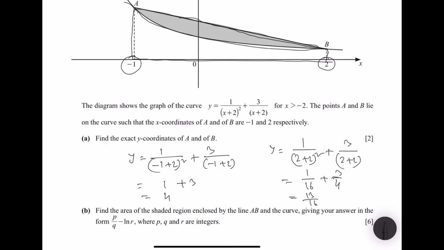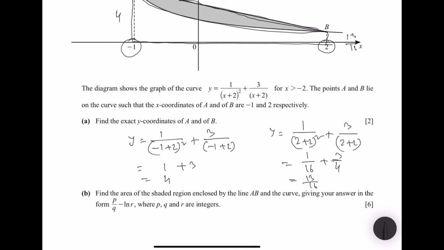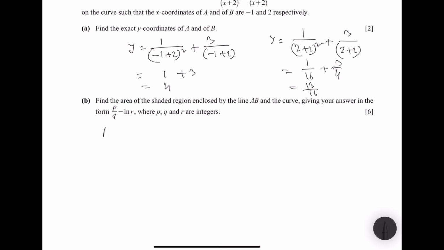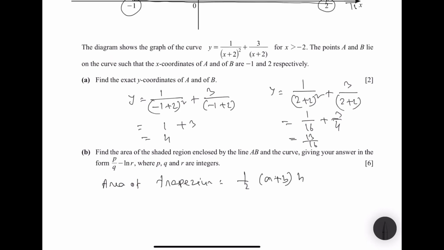First of all, this height is 4, this height is 13 by 16. We know that the area of a trapezium equals half (a plus b) into h, the sum of parallel sides into the distance between parallel sides.